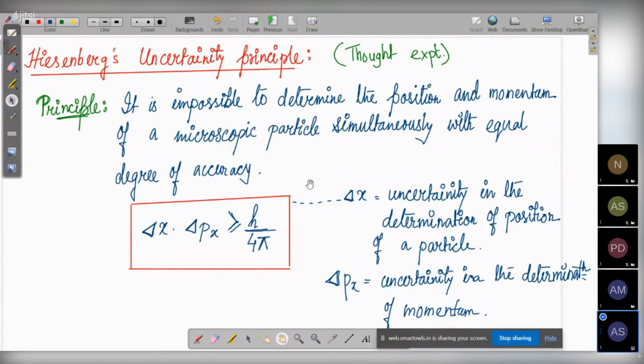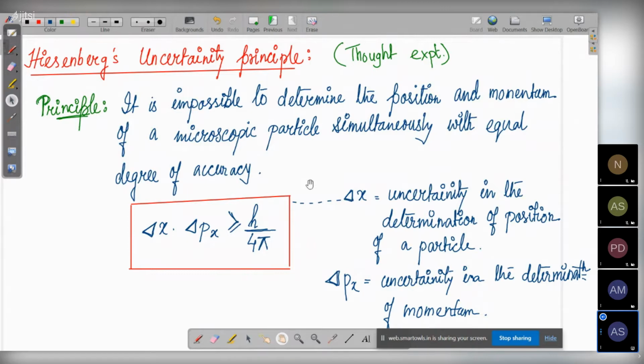Both of them had been simultaneously calculated. But this Heisenberg theory says that no, this cannot happen. You can never calculate the position and the momentum of a microscopic particle like electrons, protons, this type of particles, simultaneously, that means at a time, with equal degree of accuracy. That means you cannot do it correctly.